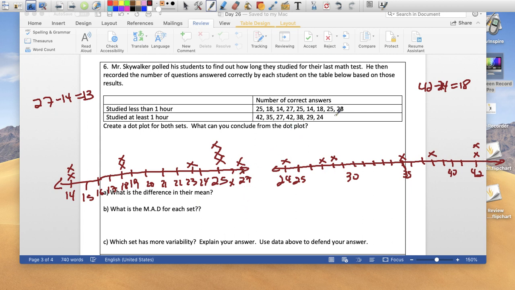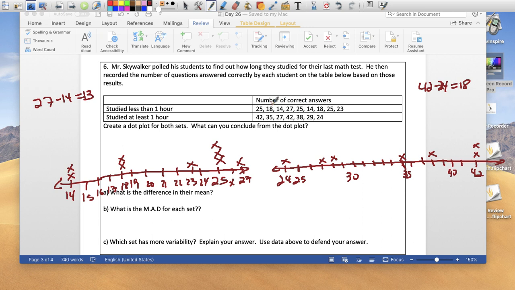What's the difference in their mean? So you just gotta add them up. 25 plus 18 plus 14 plus 25 plus 27 plus 25 plus 14 plus 18 plus 25, and the last number, 23.